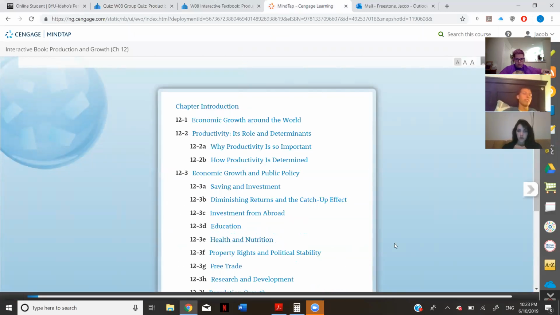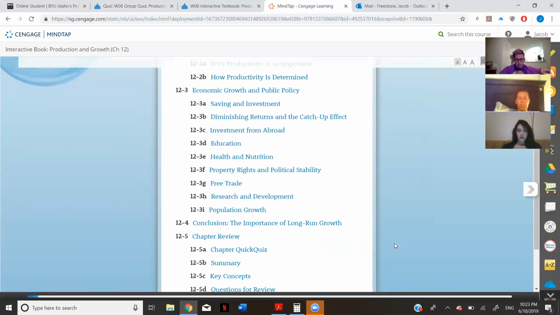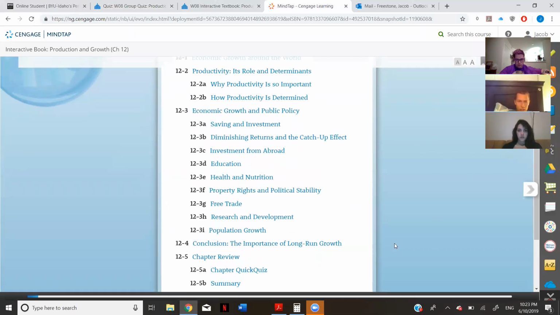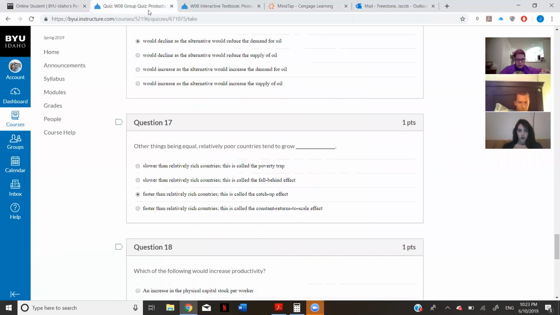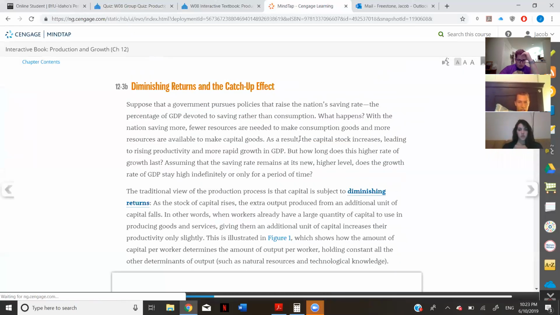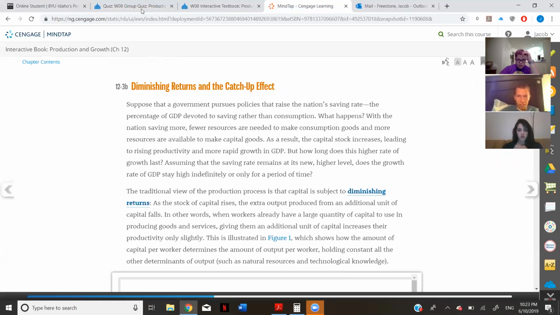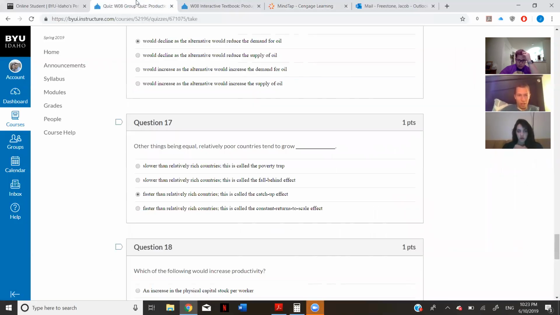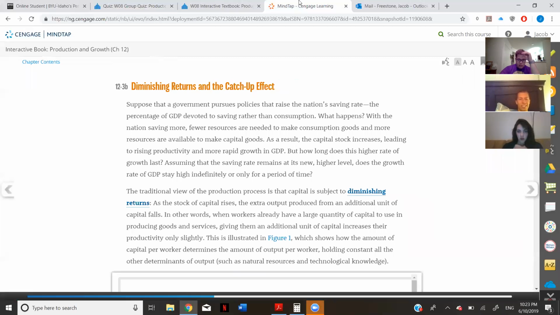Those are worded very similarly though, so I could have just read it. It's definitely either A or B. Why do you say that? Wait, are we on... Oh shoot, I'm looking at the wrong one. Is that what we're on? I might be wrong. I was looking at the other one. Relatively poor countries tend to grow blank. Yeah. I got C. Yeah, that's what I put too.